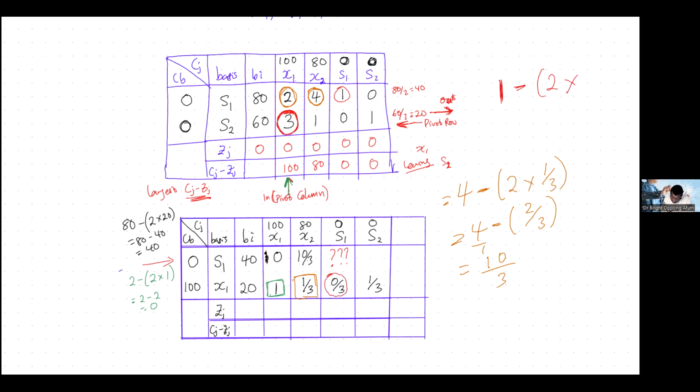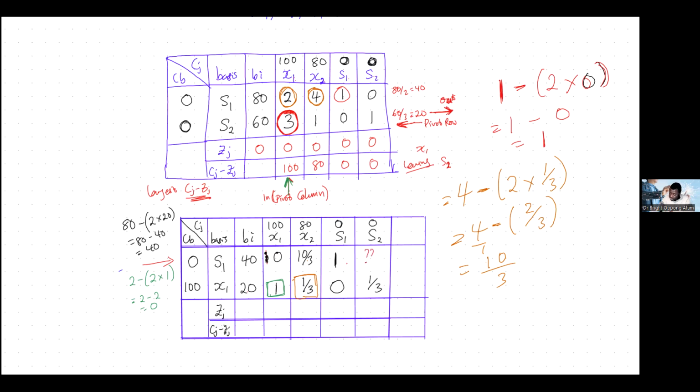So we can replace this with 0 and 0. So this one will be 1 minus 0 and is equal to 1. So 1 actually comes here.